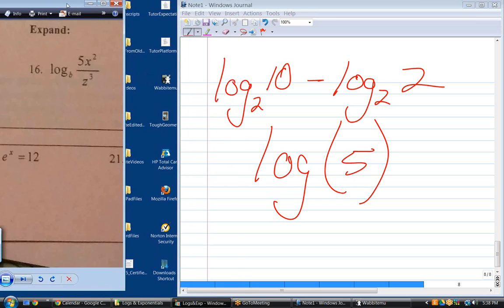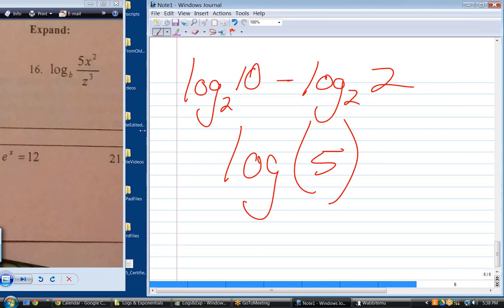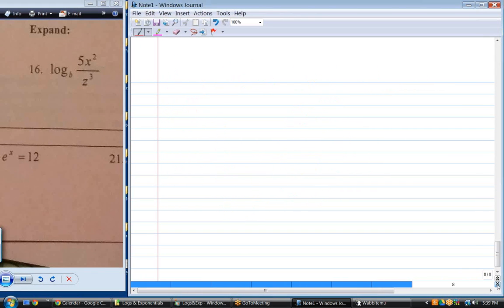So in this case, we're going to start with one expression and expand it into 2, 3, 4, who knows how many. Let's do it one step at a time. And they're all going to be base b.